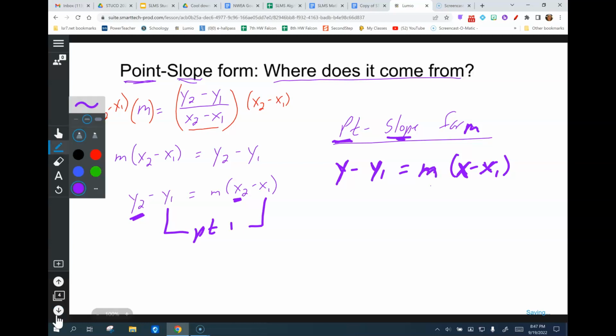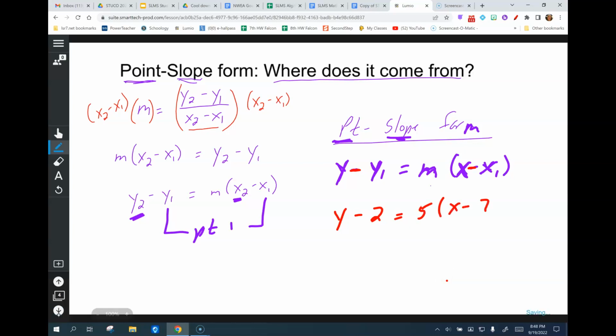Now, one of the things that I want you to pay attention to is this minus sign. It's one of those times when we actually want a subtraction sign, because then we can pull the point directly out. So if I have y minus 2 is equal to 5 times x minus 7, my point is (7, 2), because that's the x value, then the y value.